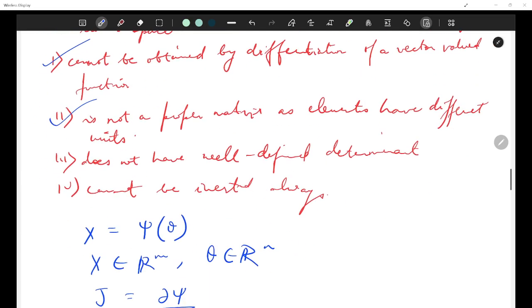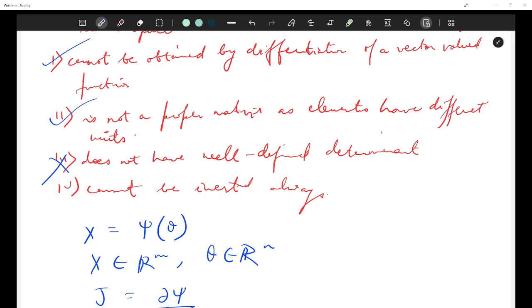Does it have a determinant? The statement that it does not have a well-defined determinant is false, because a determinant exists for a square Jacobian. It is meaningful for singularity detection. Thus, option 3 is not correct. And then, it cannot be inverted always.